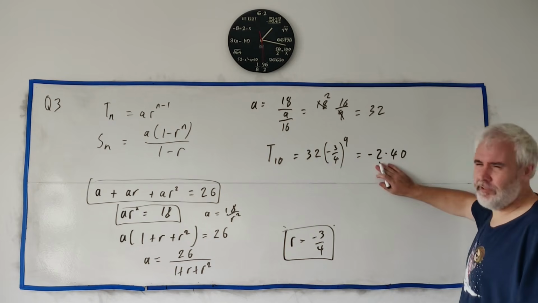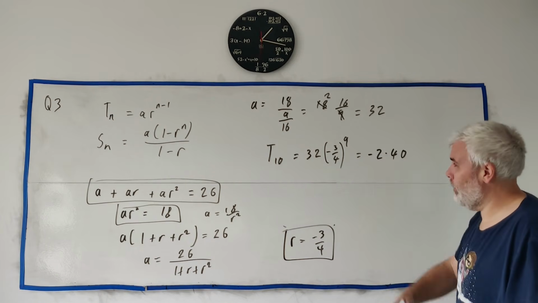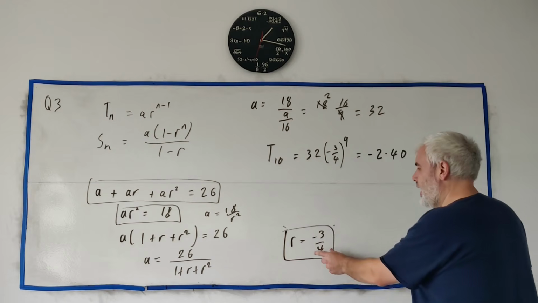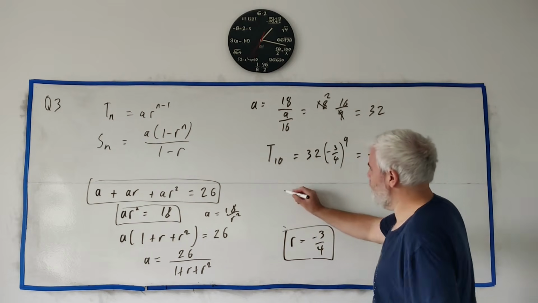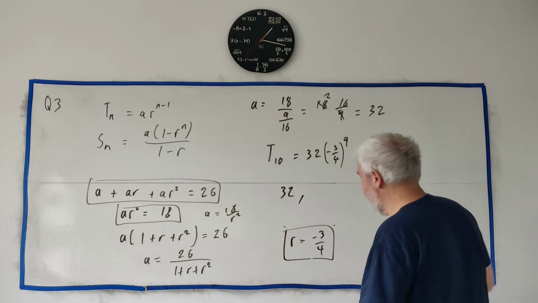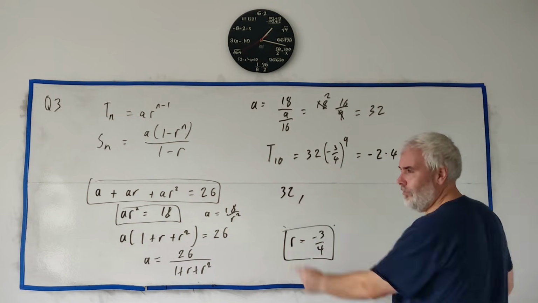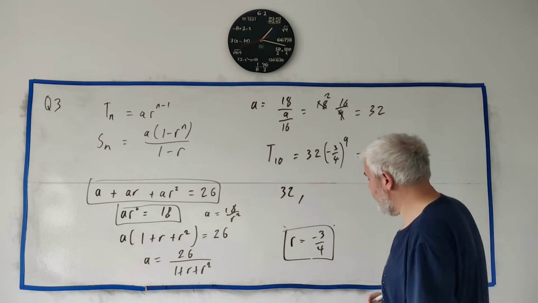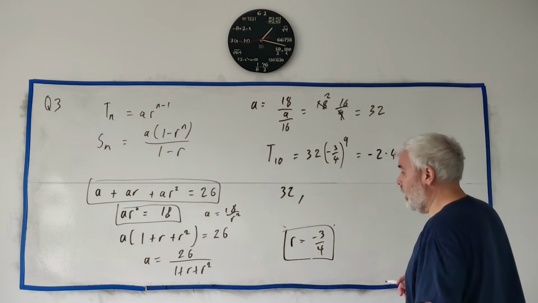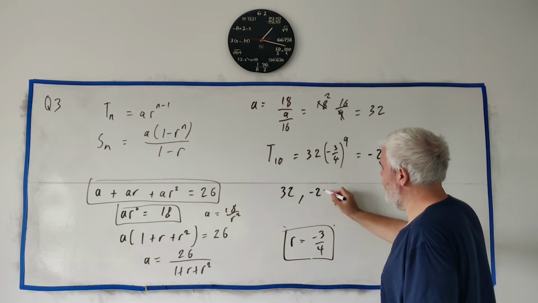Now it might surprise you to see a minus there, so you might want to double check where that came from. The ratio was a minus. So the first term was 32. The second term is 32 divided by 4, which is 8, multiplied by 3 is 24, but a minus. So it's actually minus 24.